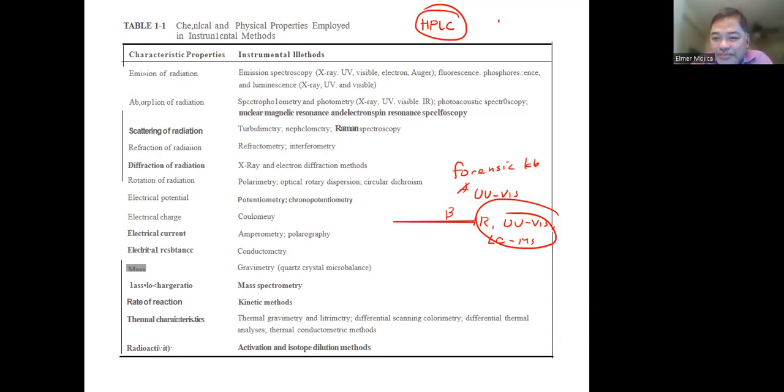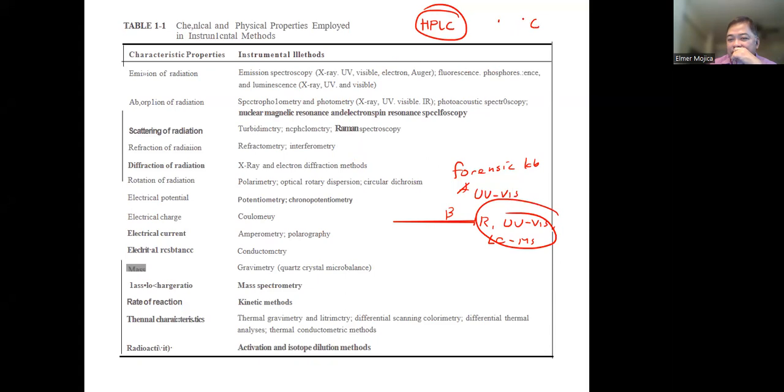Dapat ano siya? So HPLC is high performance liquid chromatography. The main requirement is that if it can be dissolved in a solvent, then most likely you can analyze it in LC. So if it's soluble in a solvent, then it can be analyzed by HPLC.